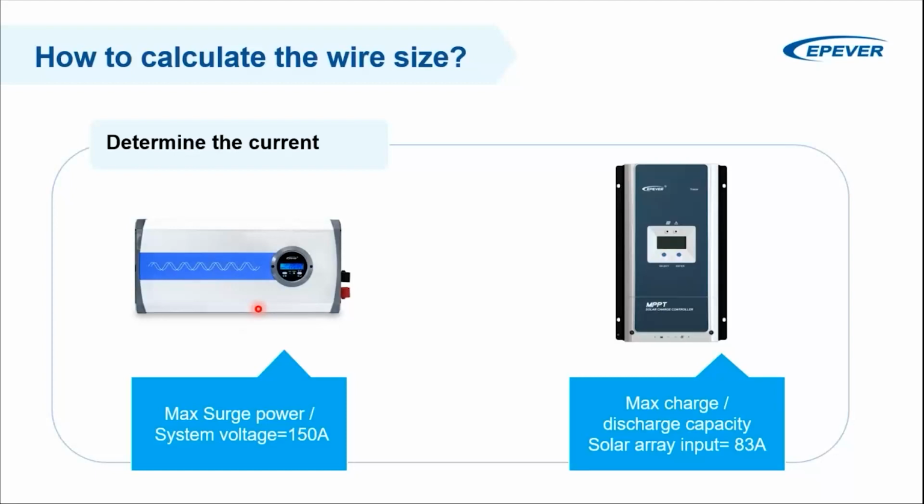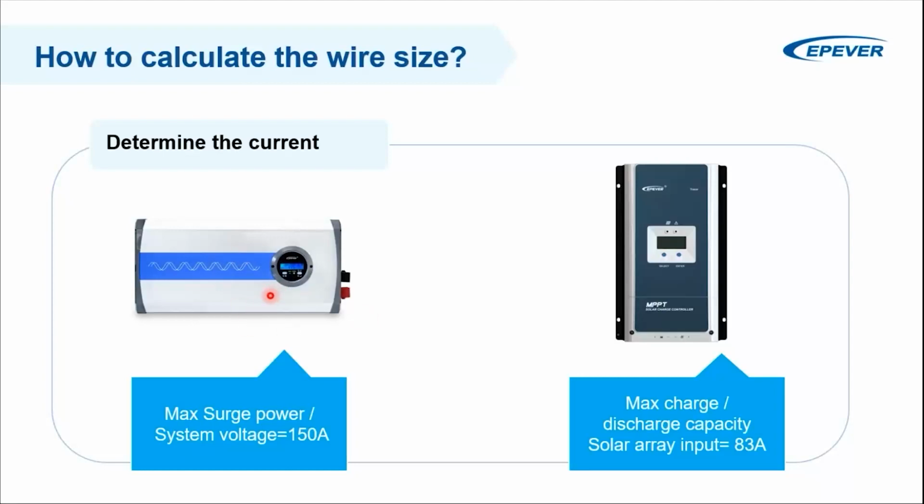And for the inverter, you might have noticed that inverters have thicker cables. There is a specific reason for that. For the inverter, you choose the maximum surge capacity and divide by the system voltage. So you do not use the continuous power of the inverter. You have to use the surge capacity, because there is a reason that this inverter has a surge capacity.